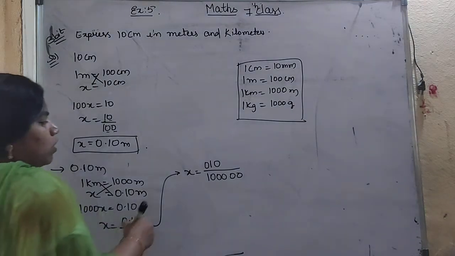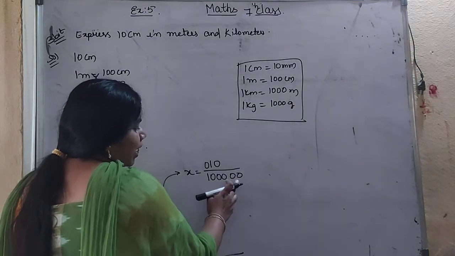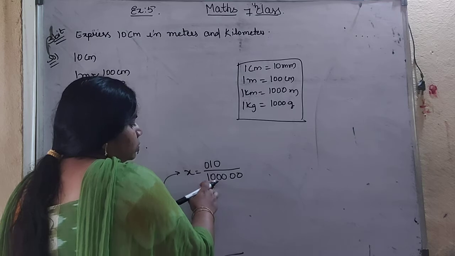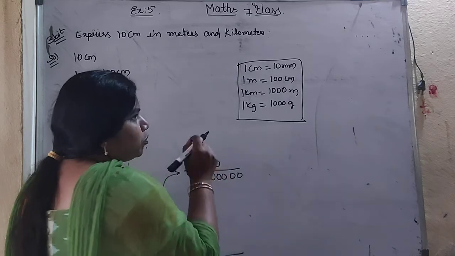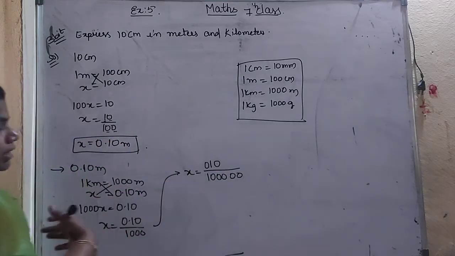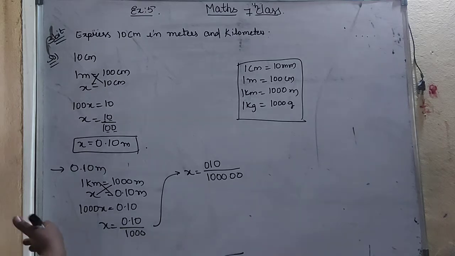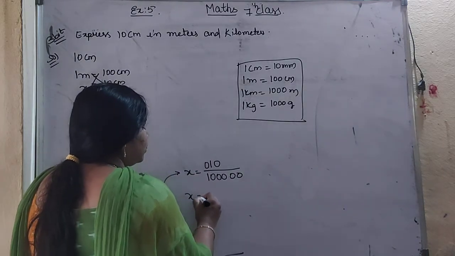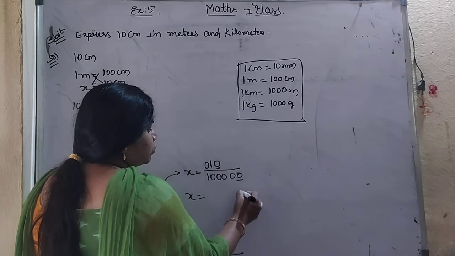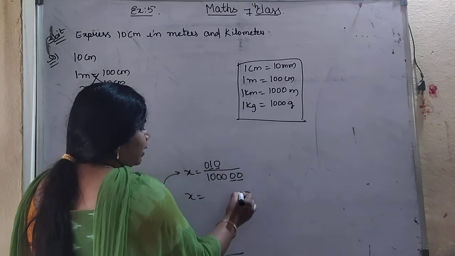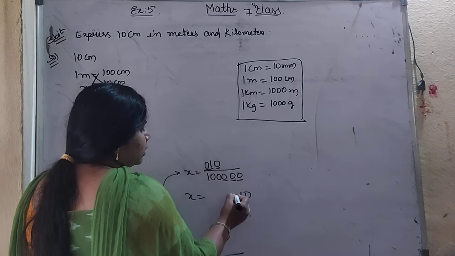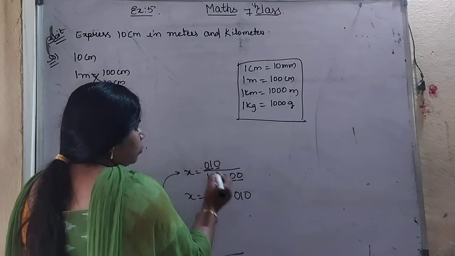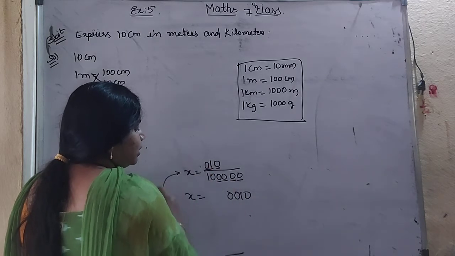Now how many zeros are there in total? 1, 2, 3, 4, 5. So we should place the point before how many digits now? 5 zeros, so we have to place the point before 5 digits. So x is equal to: first 0, first number; second 0, second number; third 0, third number; fourth 0, no number, so we have to take it as 0.